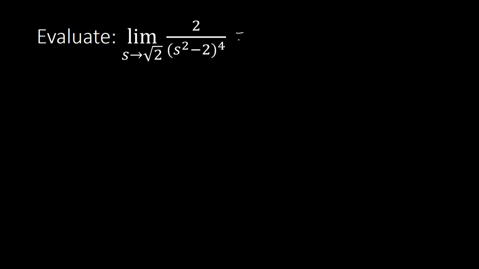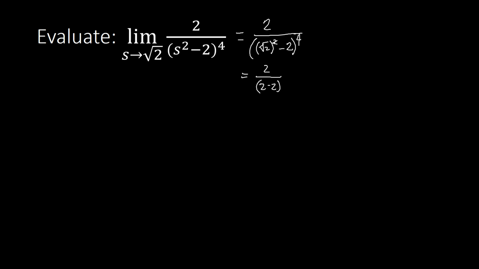So if you try to substitute this, we've got 2 over s squared, where s is square root of 2, and then we square that one, and then we have minus 2, and then we raise that to the power of 4. So this is now 2 over, this will be canceled, so we've got a 2 minus 2.